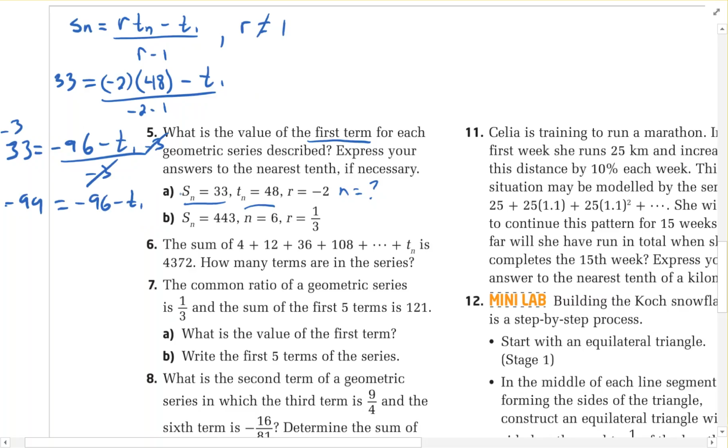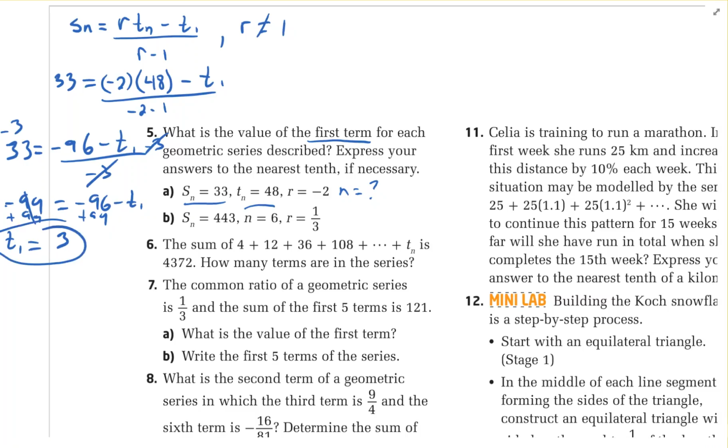Now what I'm going to do is bring this T1 over to the left side just to make it positive. So I'm going to have T1, and I'm going to add 99 to both sides. So bring this 99 over there. So we're going to have 3, negative 96 plus 99.